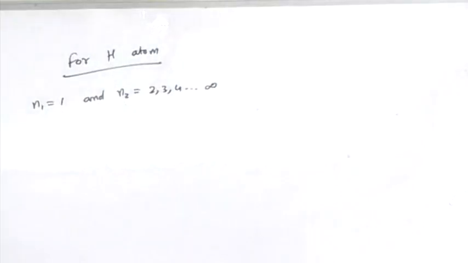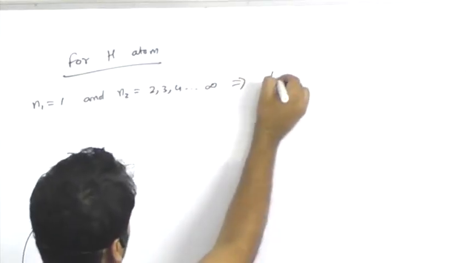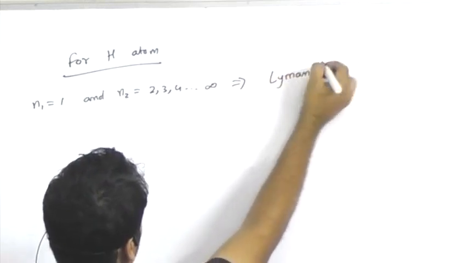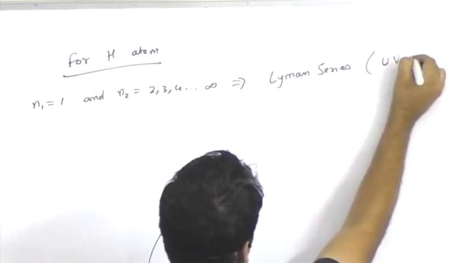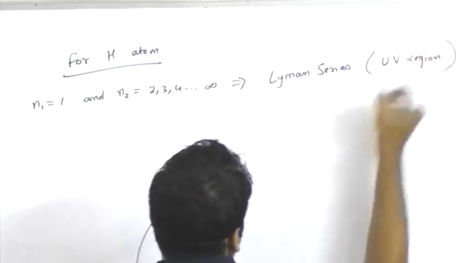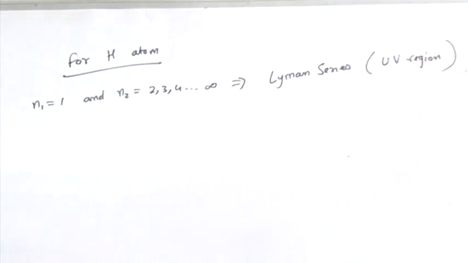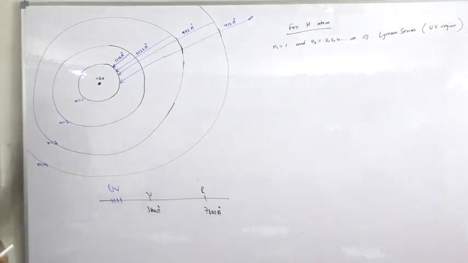These are known as the Lyman series, and they lie in the UV region. These are the lines of the Lyman series and they lie in the ultraviolet region for hydrogen atom. Are you getting it? Right, very interesting.